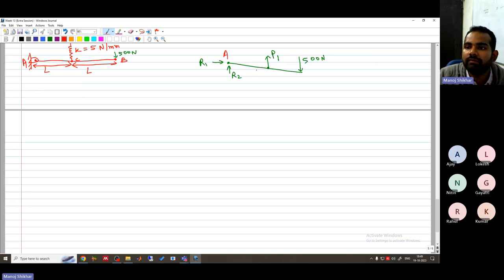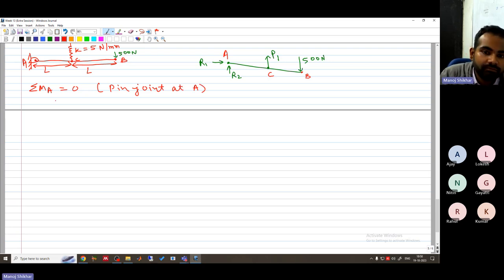So we can do the moment balance about point A because there we have unknowns R1 and R2. So we don't want to consider the moments because of them. So summation of moment about point A will be 0 because of the pin joint, right?